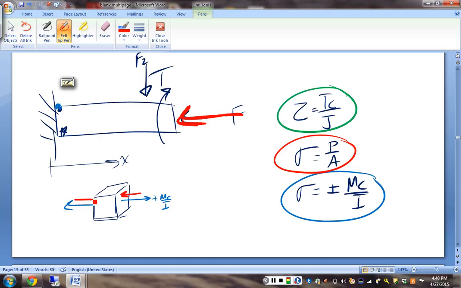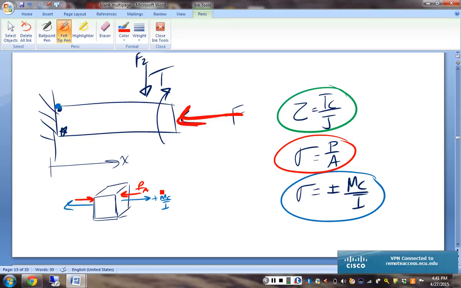So that's going to look like this, and that's a P over A. Is everybody with me that those two are in the same direction, that those stresses are collinear? That one's a tough one to wrap your head around because this force is downward, but it's causing the stresses in that x direction, in the long axis of the thing. So both this guy and this guy are stresses in the x direction.